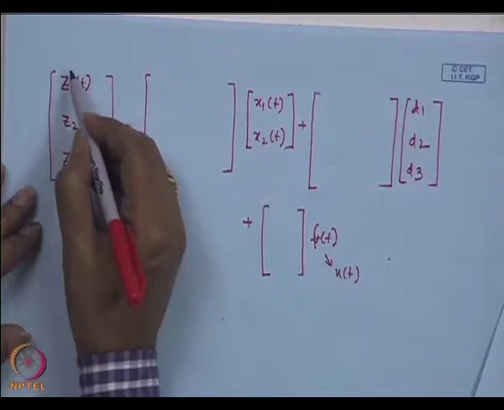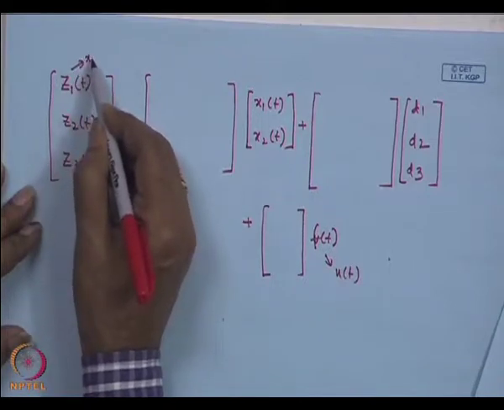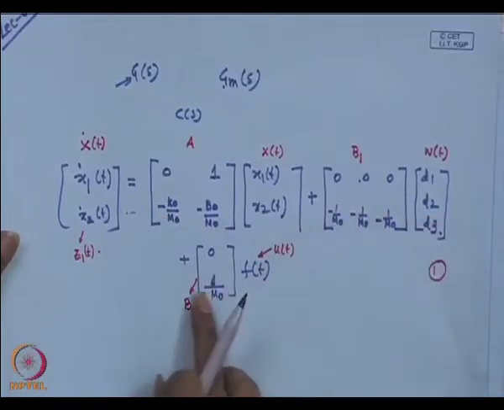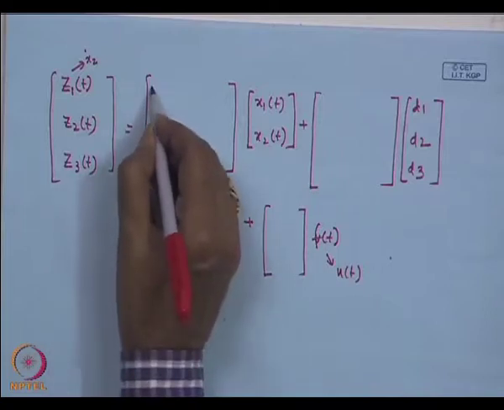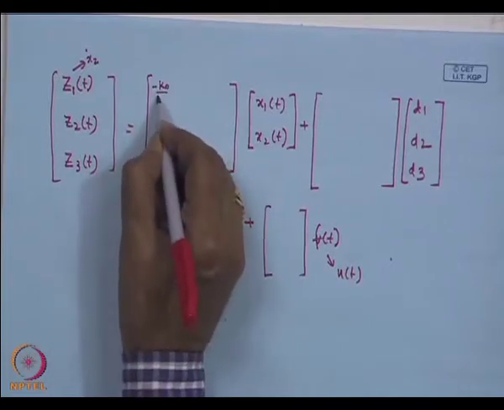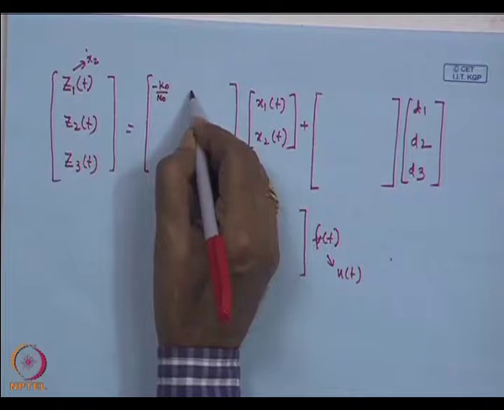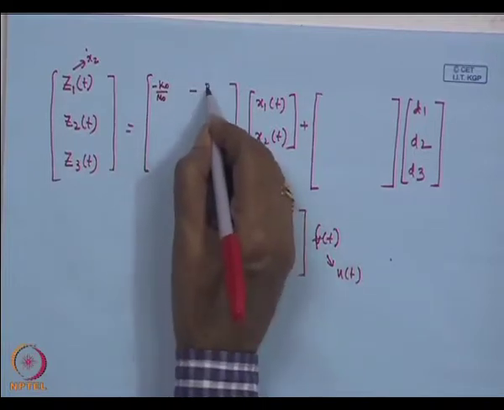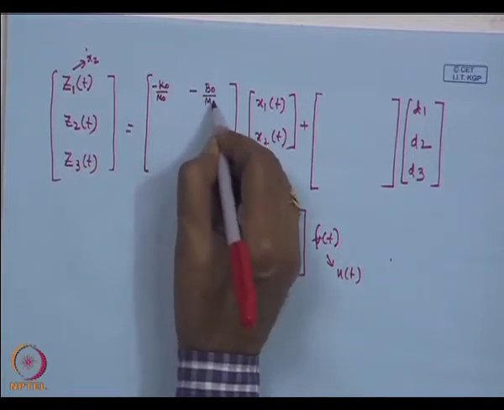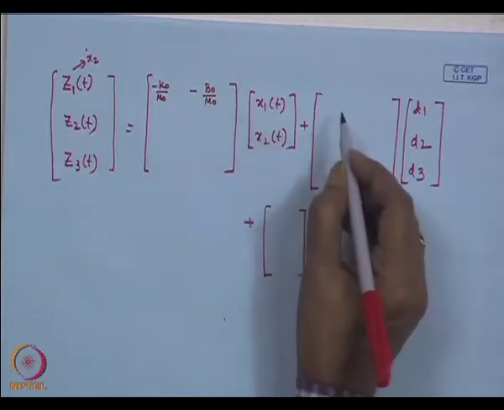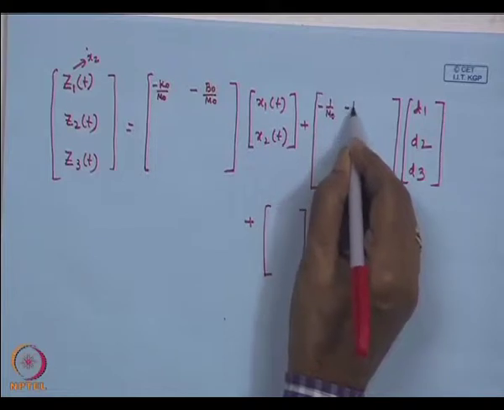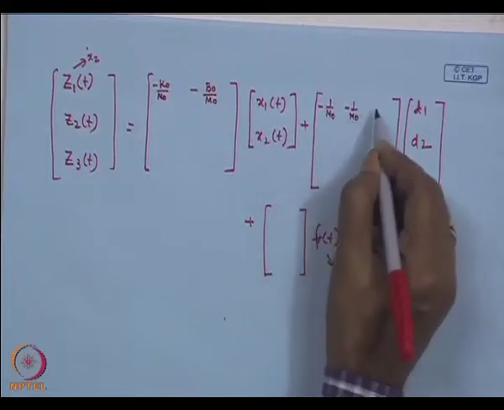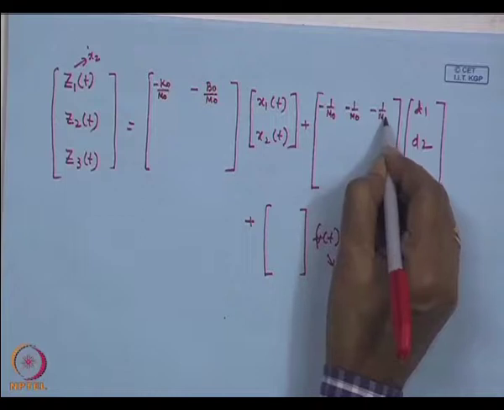Now, Z 2 is nothing but, if you see, x 2 dot, and x 2 dot we got this one; you just fill it up this way. So, what is that one? Minus x 0 m 0, minus B 0 m 0, and this is minus 1 by m 0, minus 1 by m 0, minus 1 by m 0.